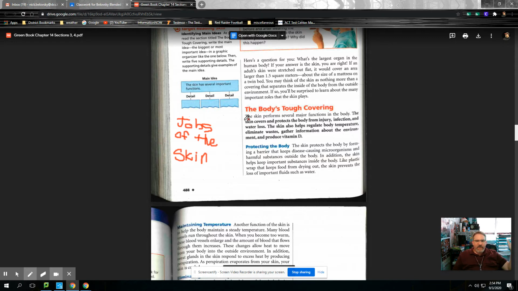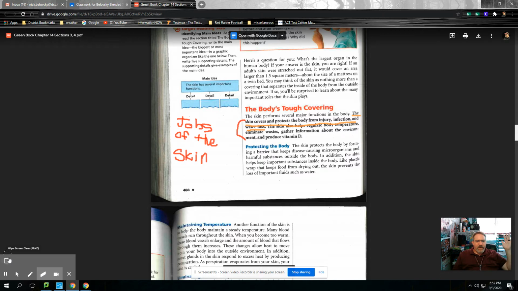Well, where is that located? Well, you see this darker writing right in here? This has the 5 jobs. Okay, so what are they? Okay, let's pick orange to highlight the first one. All right, the skin covers and protects the body from injury, infection, and water loss. Okay?